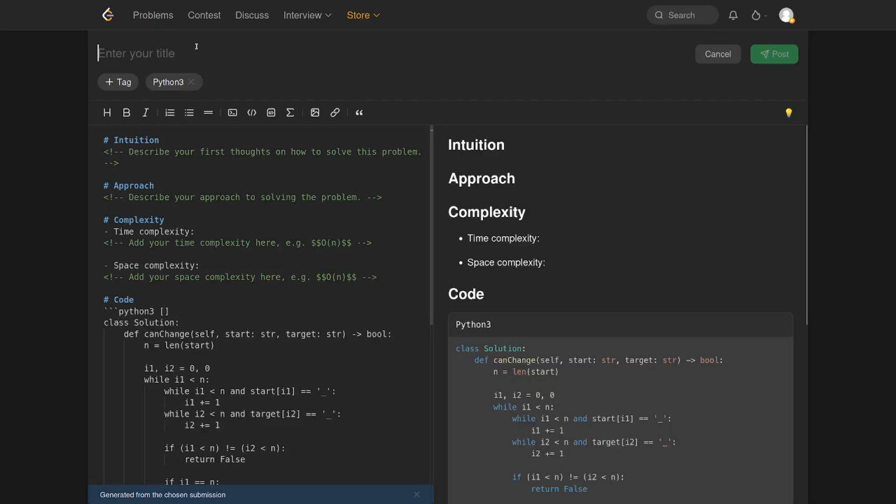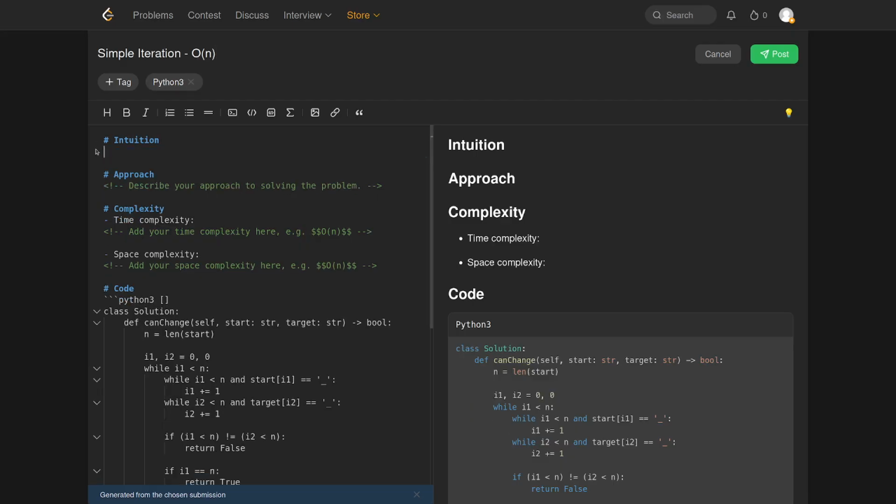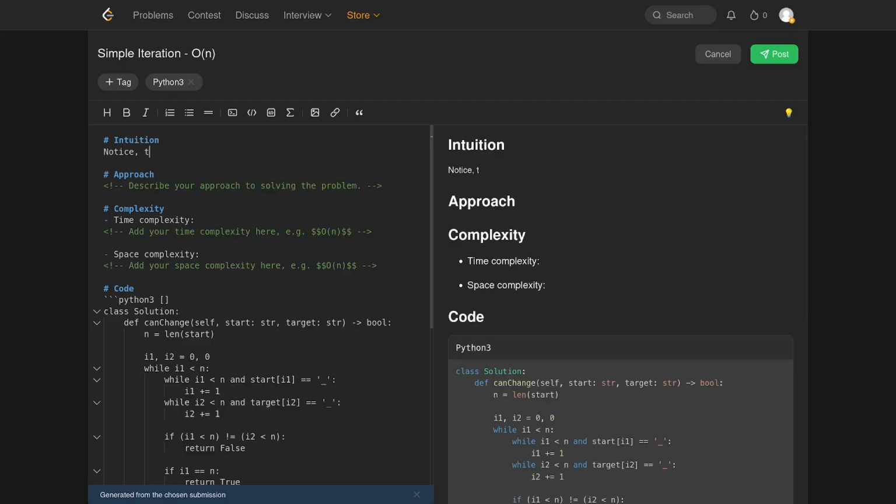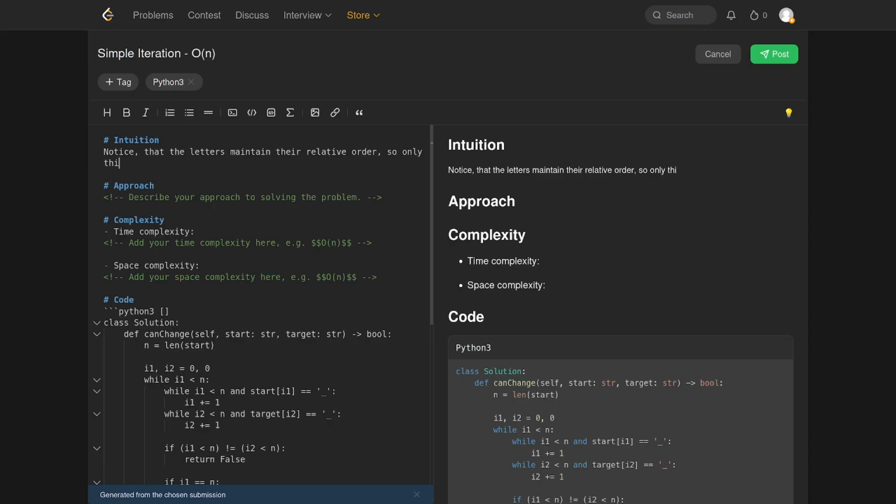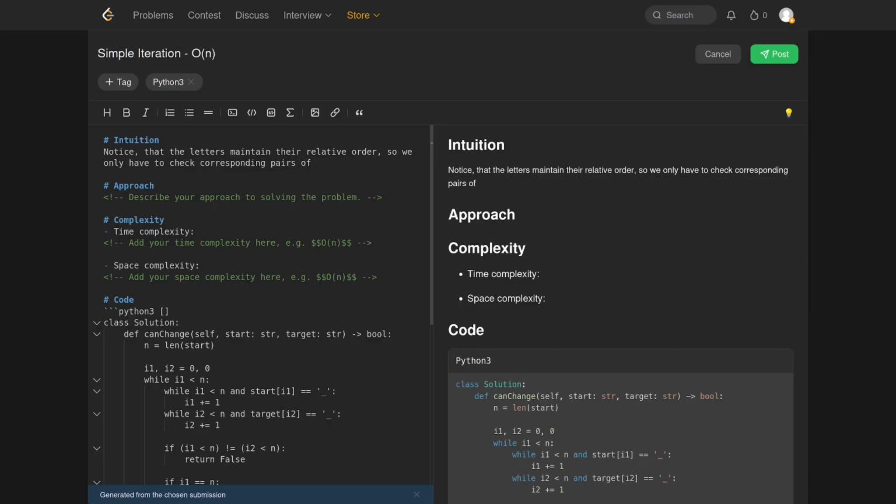So, iteration on. Notice that the letters keep their relative order, maintain their relative order, so we only have to check corresponding pairs of start and target letters.